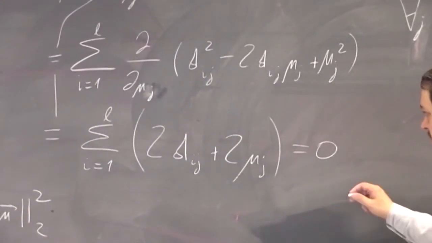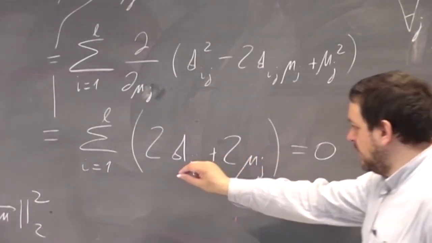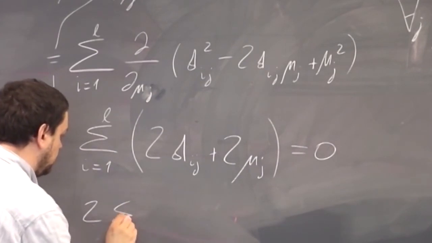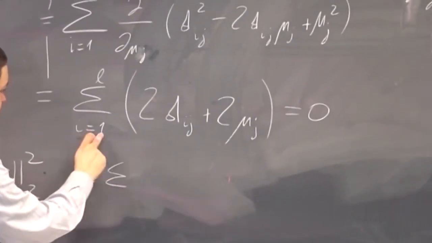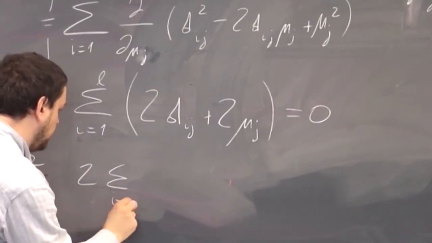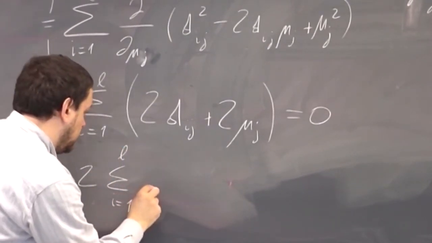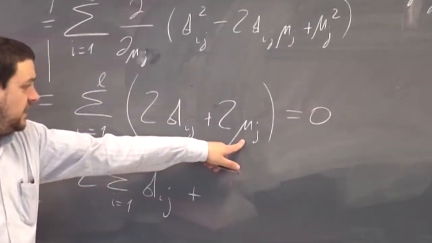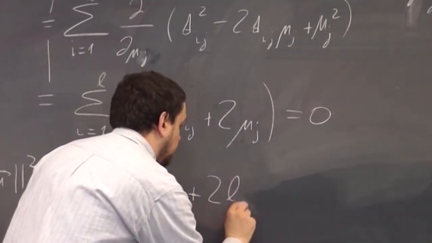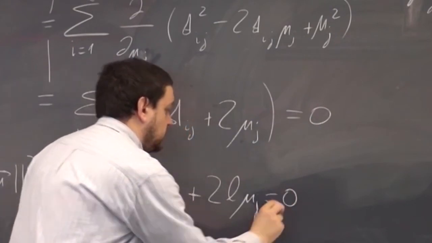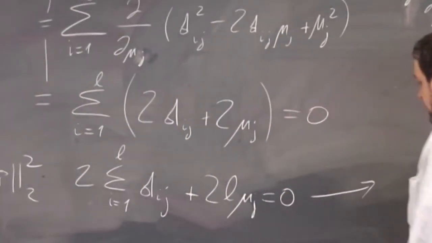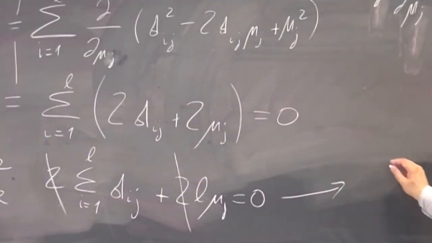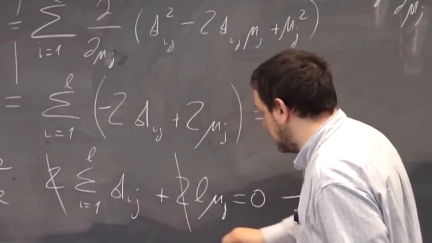So finally, here we get 2 times the sum for i going from 1 to L of d_ij plus, we sum L times this, so we get 2L mu_j equal to 0, which gives us, by simplifying things, oh sorry, this was minus here.